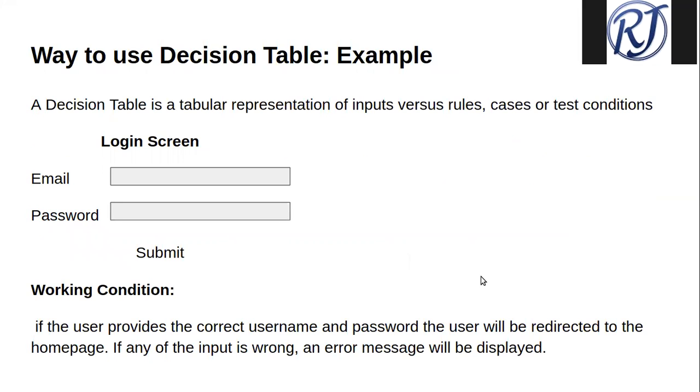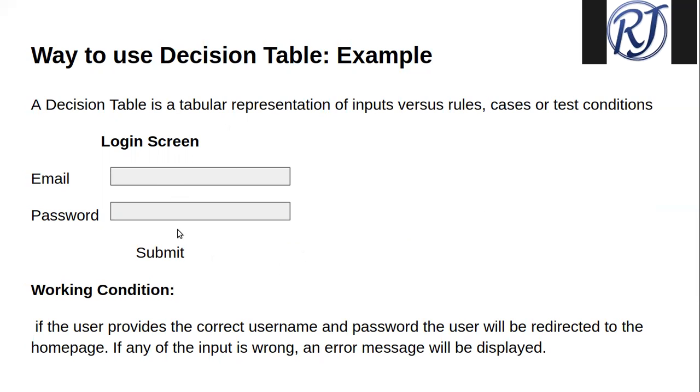Now let's suppose there is a login screen where we have two input text boxes, one for email and another for password, and there is a submit button. In the decision table representation, inputs versus rules, cases or test conditions are represented in the form of a table.